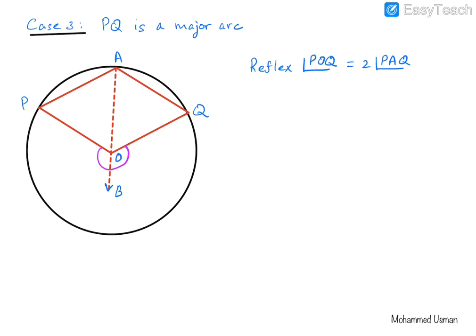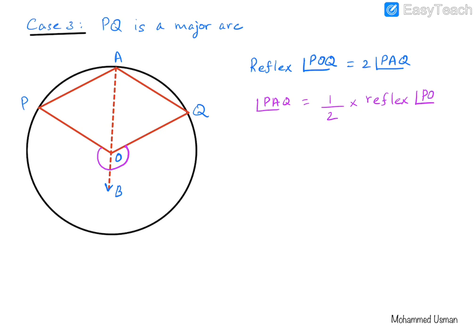So we have A here. So the reflex angle POQ is 2 times the angle PAQ, which is what we have denoted here.